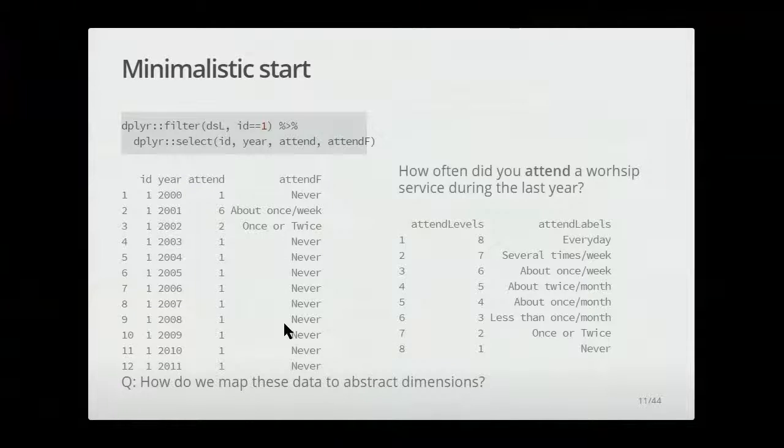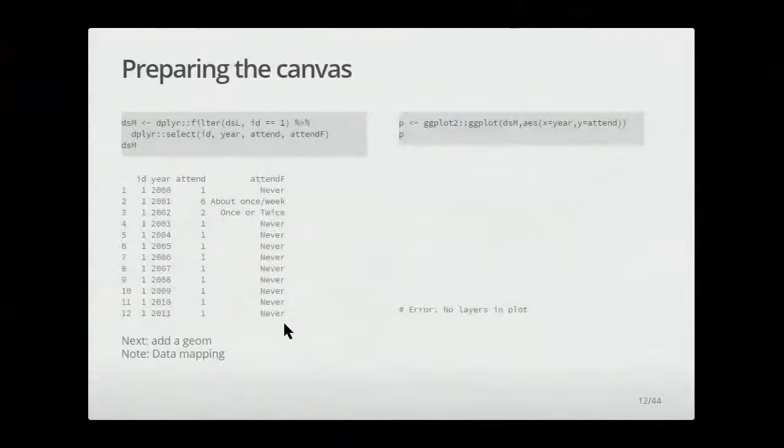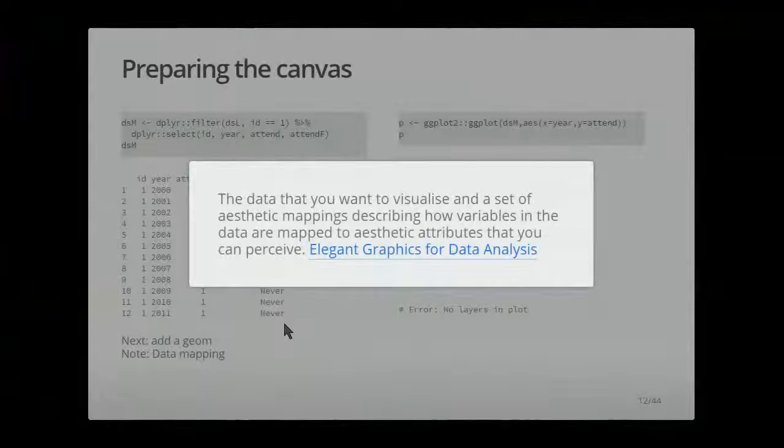So let's start. We're preparing the canvas, starting from the very beginning. Here's our data. How do we take this data and map it to the statistical software? Well, there's a definition from Elegant Graphics for Data Analysis, a book with which Hadley Wickham introduced ggplot2.